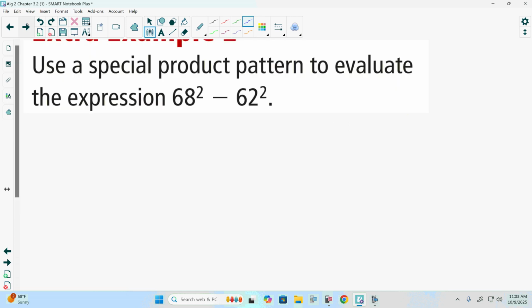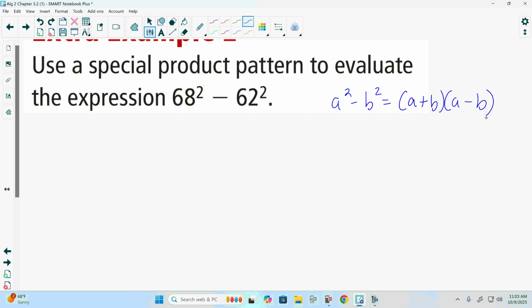All right. 68 squared minus 62 squared. Go on and set that up, because it's just our a squared minus b squared equals a plus b times a minus b. Yes?